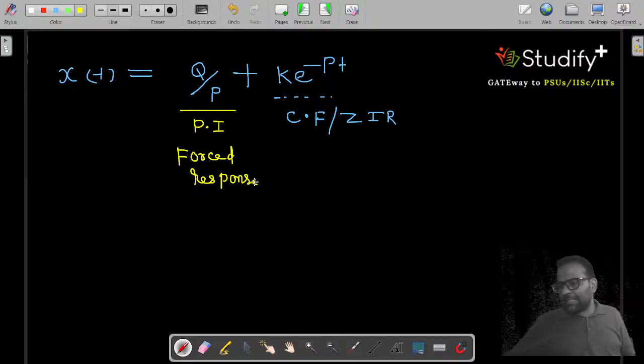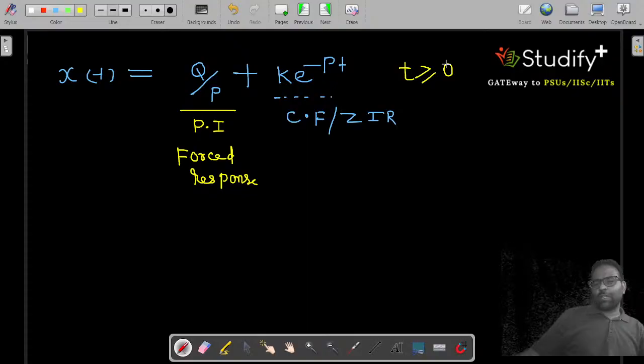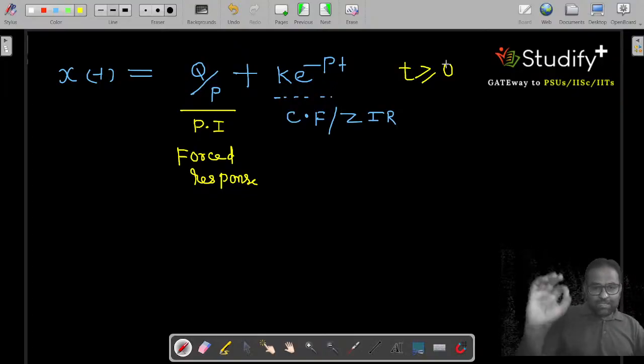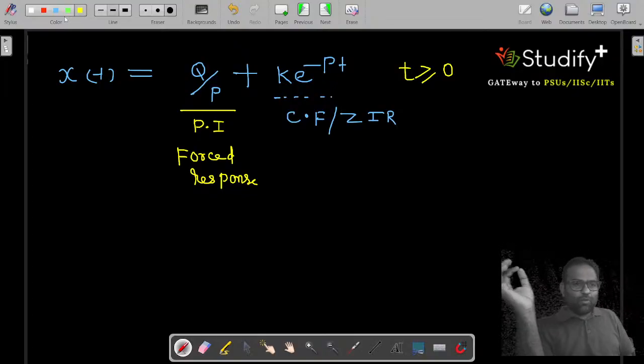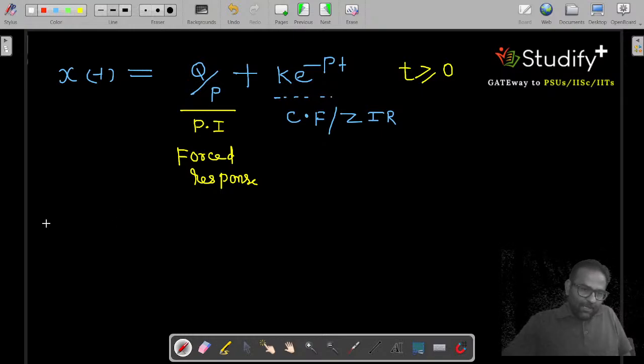And always remember, this solution is valid only for t greater than or equal to 0, not for t less than 0. You have to take precaution when calculating this constant k.